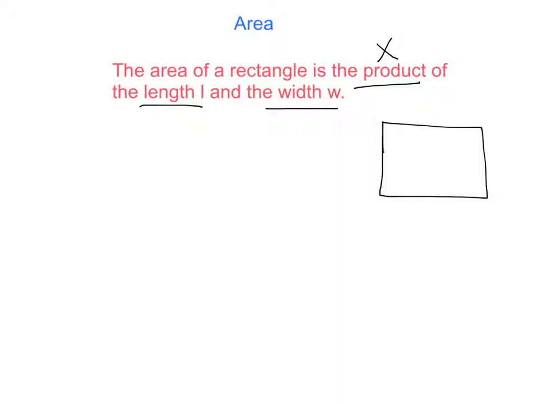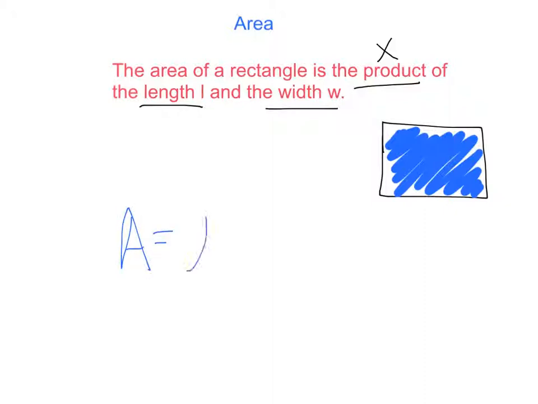The area is the stuff on the inside. So the stuff that fills the inside of the shape. So the grass of the field or the actual court of the basketball court is the area. So if we have to write this out, we say that area equals length times width.